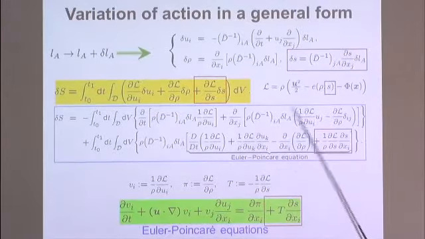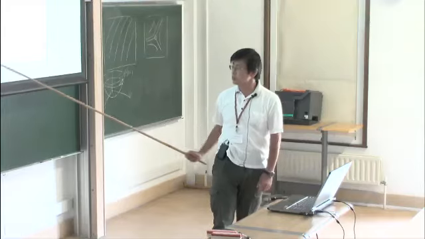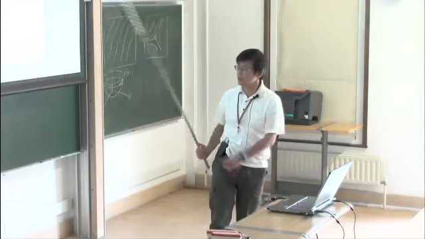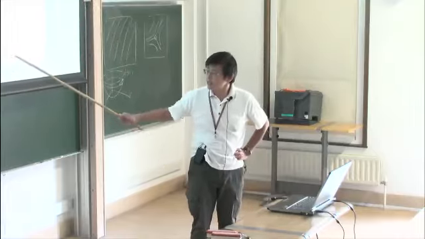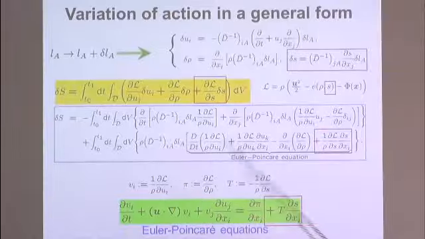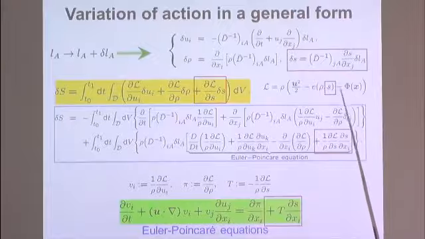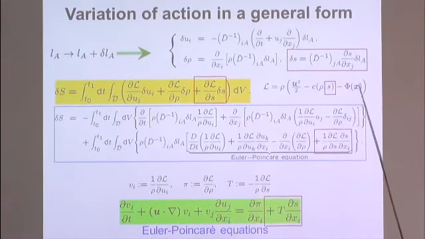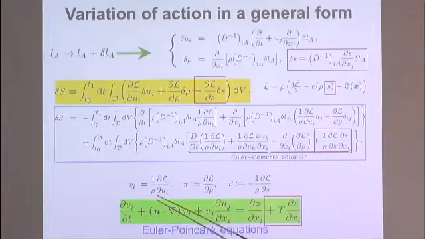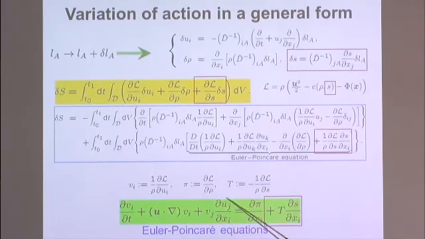The surface terms, boundary conditions and initial conditions cancel these terms, and you end up with the Euler-Poincare equations. This is the correction by the baroclinic effect. B is defined by this, and if you introduce the ordinary Lagrangian of kinetic energy, internal energy and potential energies, this B is the same as U, and T comes from this.